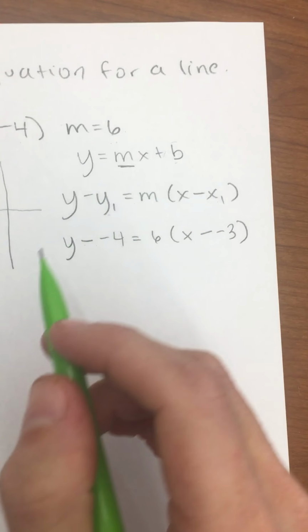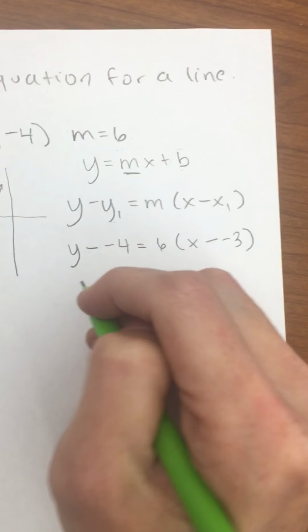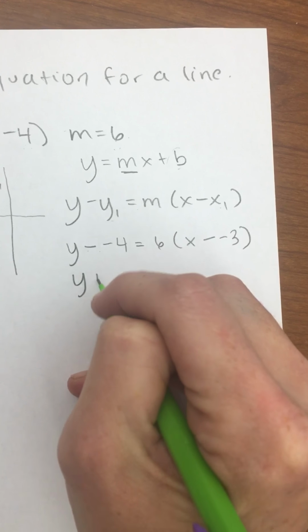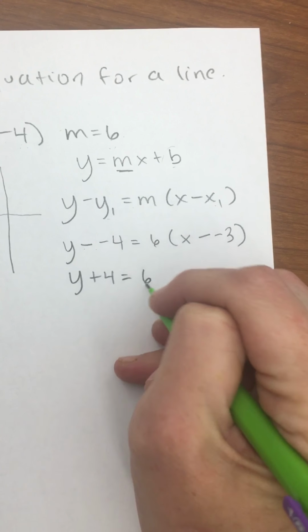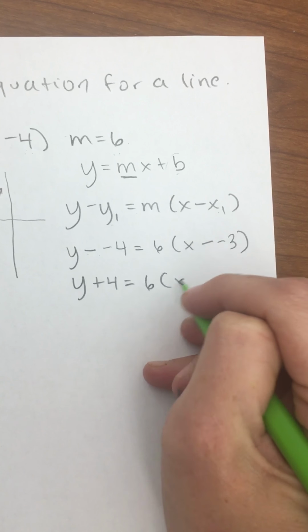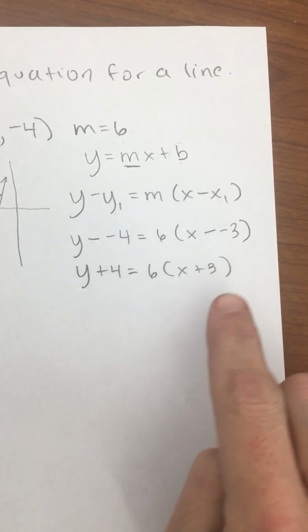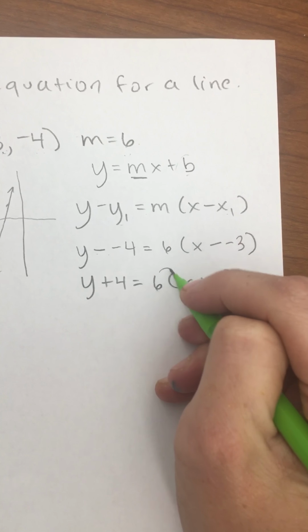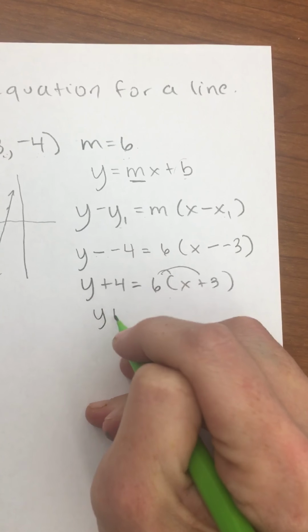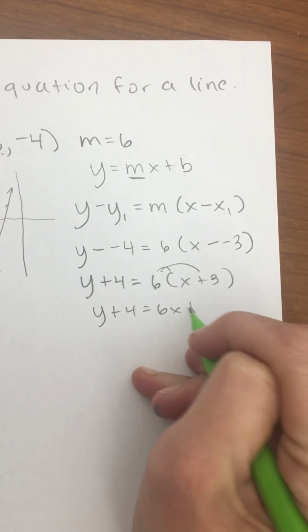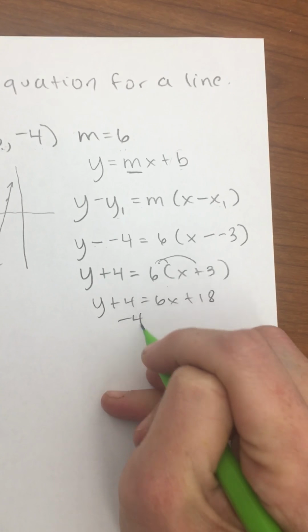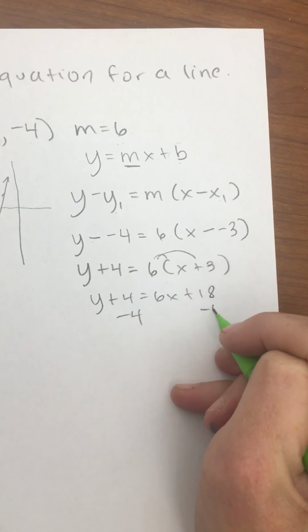And I'm going to simplify this equation. A minus minus is a plus. Again, a minus minus is a plus. And now what I can do is distribute and balance. Distribute: y plus 4 equals 6x plus 18. And I can balance my equation.